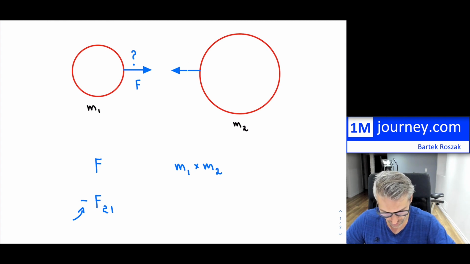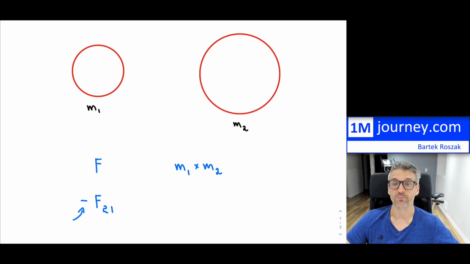I'm going to remove these forces now and concentrate on the fact that your actual force is also proportional to the distance between the two. But it's not directly proportional, it's actually inversely proportional. Now, what do we mean by inversely proportional?